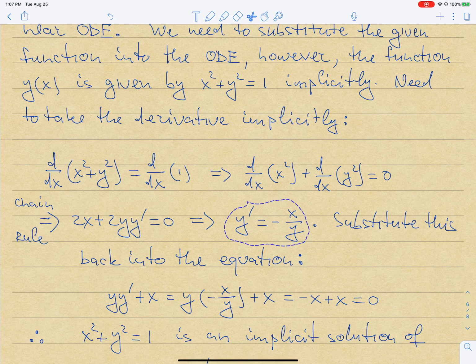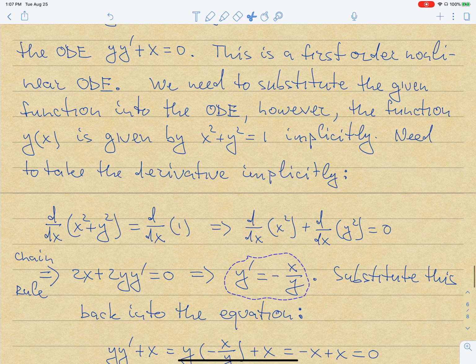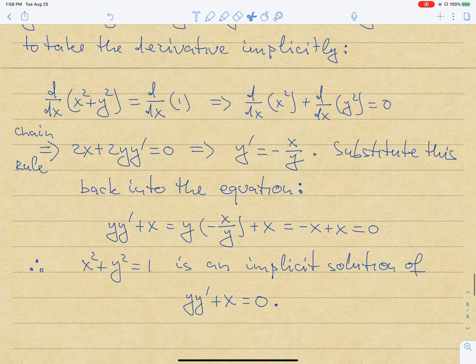All right, so now let's see if this satisfies the ODE that I gave you in the beginning. So I take this y prime and I substitute it into the left-hand side of the equation. So y prime is minus x over y. So you simplify, minus x plus x, and this is equal to 0.